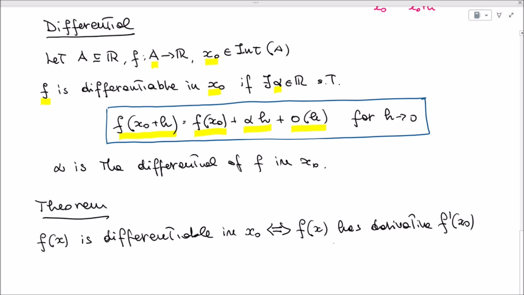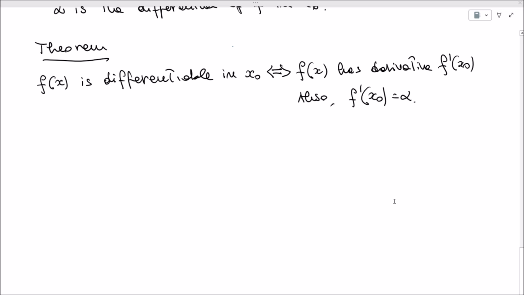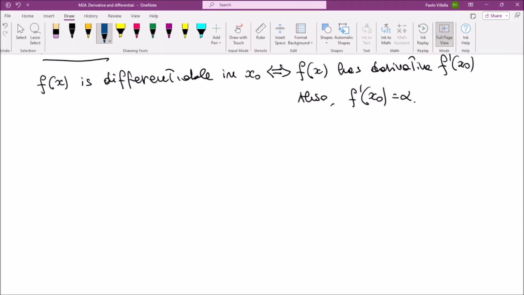Also, we have that f prime of x naught is exactly equal to alpha. So let's prove this theorem, as this will help us understand the strict link between the derivative and the differential.